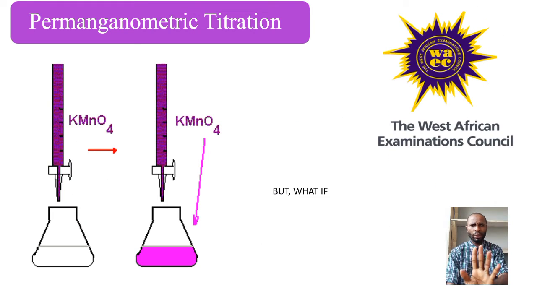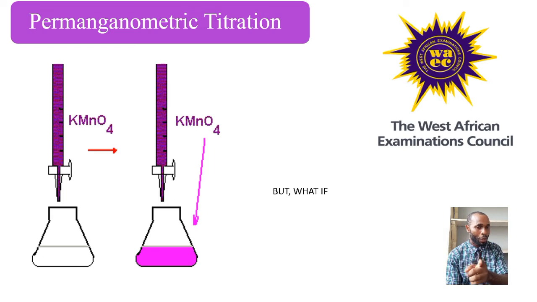But wait, what if these WAEC examiners change the pattern? For instance, if they say that the KMnO4 is going to serve as solution B, in the sense that you're going to pipette it and add it to the conical flask first.